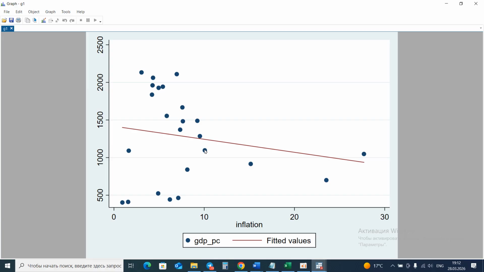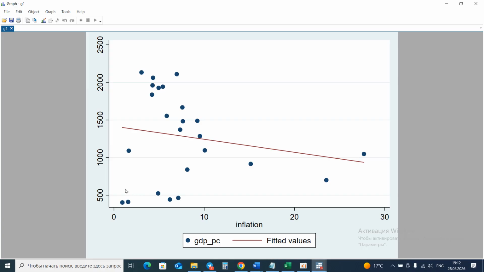are located in different places here, and we can assume that if these dots are close to this line, then it has a significant relationship or effect on GDP per capita.